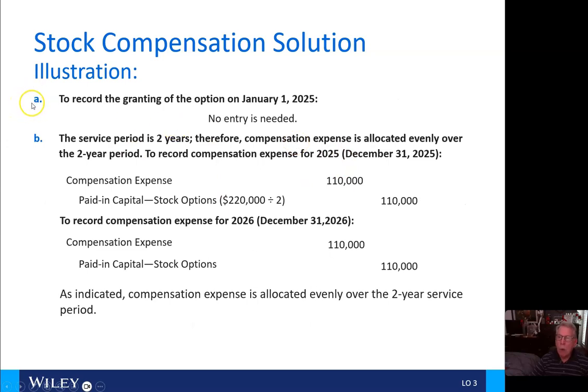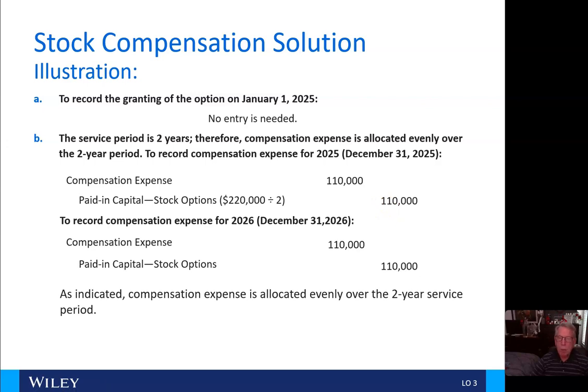Under A, when we grant the options on January 1, 2025, no entry is needed. The service period is 2 years. Therefore, the compensation expense is allocated evenly over the 2-year period. So, to record the compensation expense for the end of 2025, we're going to debit compensation expense for $110,000 and credit paid in capital for $110,000.